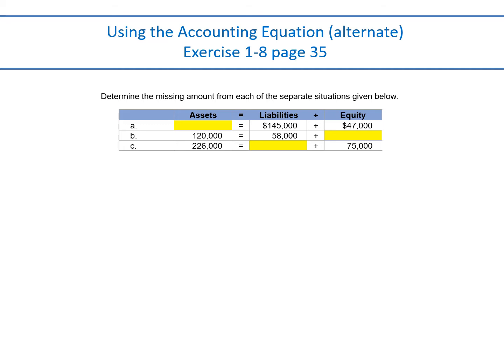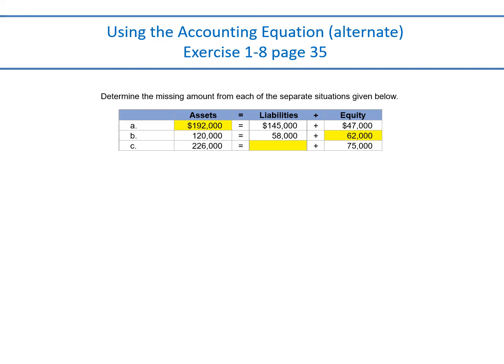So in part A, liabilities are $145,000, equity is $47,000, and so assets must be $192,000. In part B, assets are $120,000, liabilities are $58,000, and so $120,000 minus $58,000 must mean that equity is equal to $62,000.